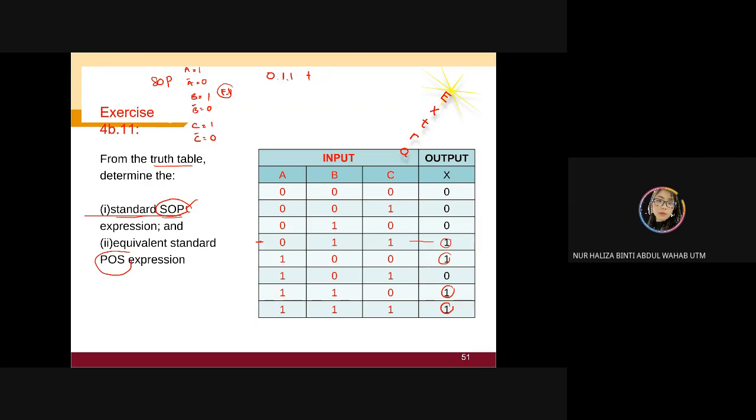And I have the second, 1, 0, 0, multiply. Then 1, 1, 0, multiply. Then 1, 1, 1.